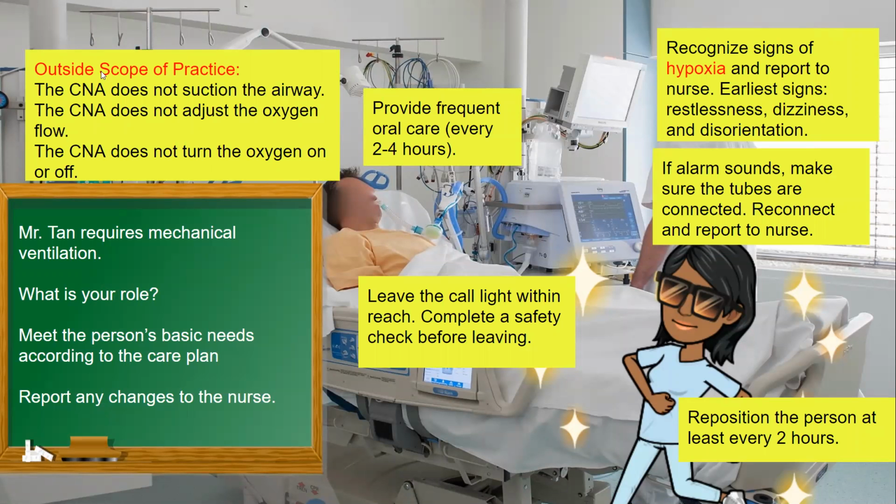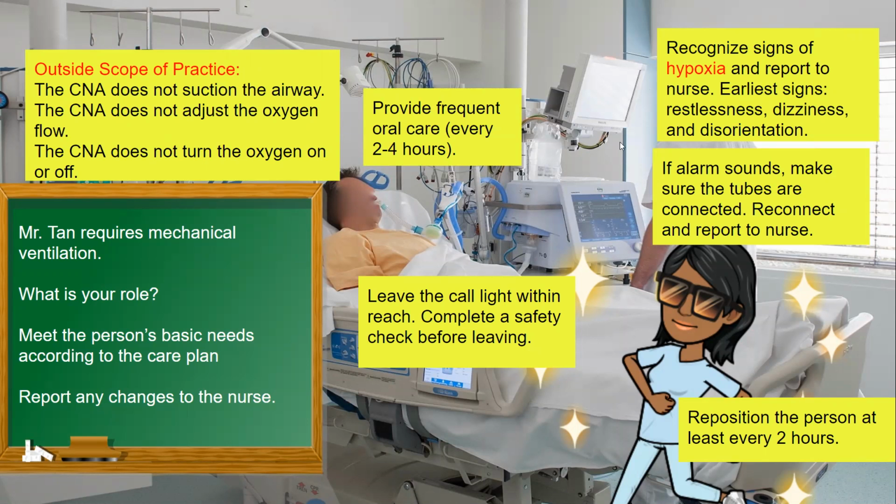Things the CNA does not do. These are outside the scope of practice. The CNA does not suction the airway. The CNA does not adjust the oxygen flow. And the CNA does not turn the oxygen on or off.